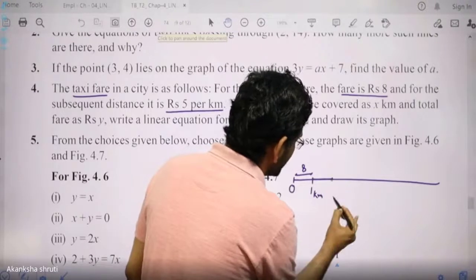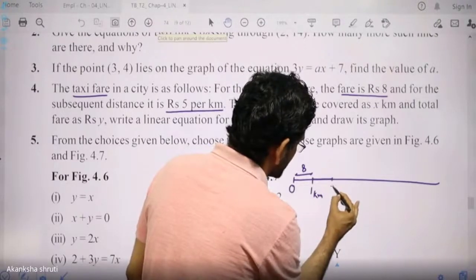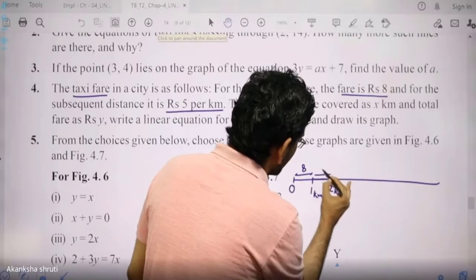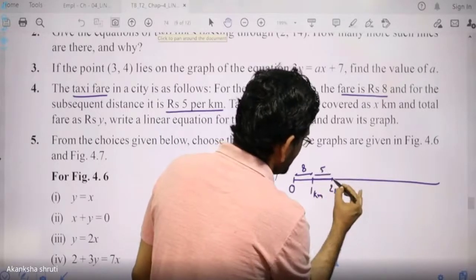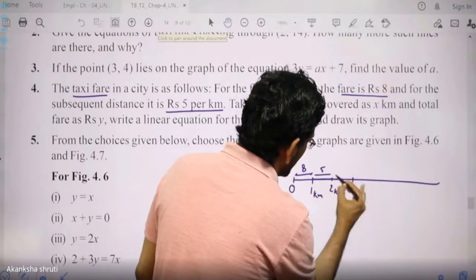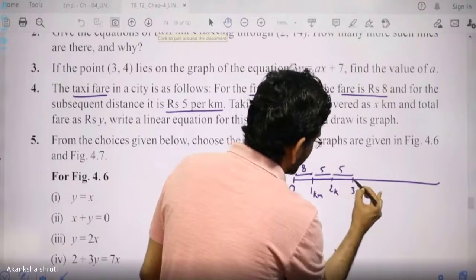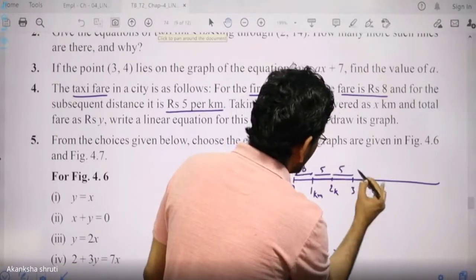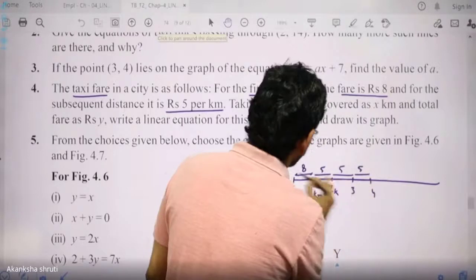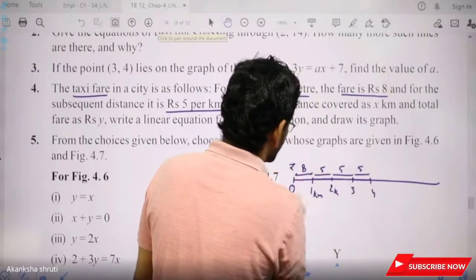Then for the 2nd kilometer, it will be ₹5. Then the third kilometer, again 5. Fourth kilometer, again ₹5. These are the costs.